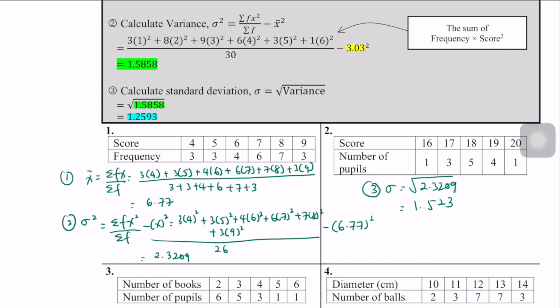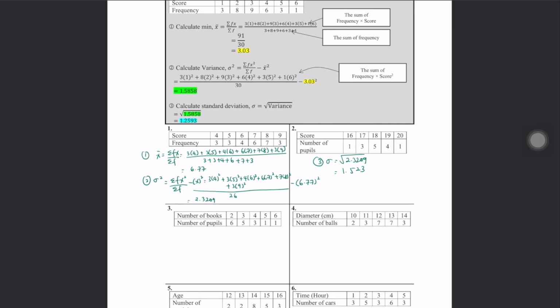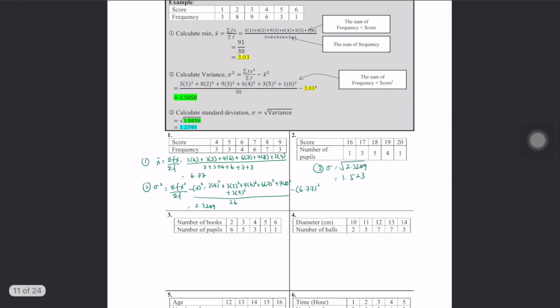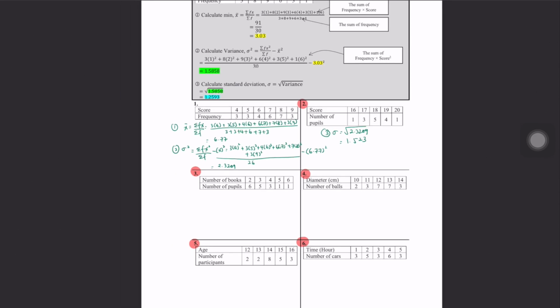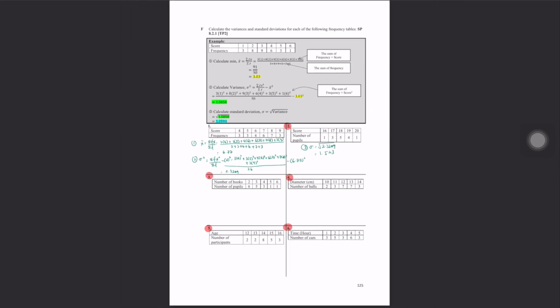So that is how you find the mean, standard deviation and variance for a frequency table. It's straightforward. I want you to try yourself number 2, 3, 4, 5 and 6. Just as simple as that.